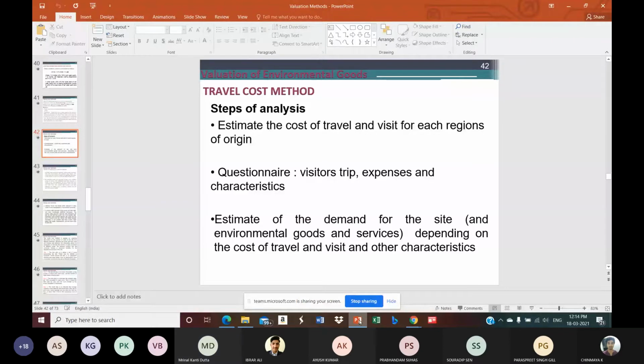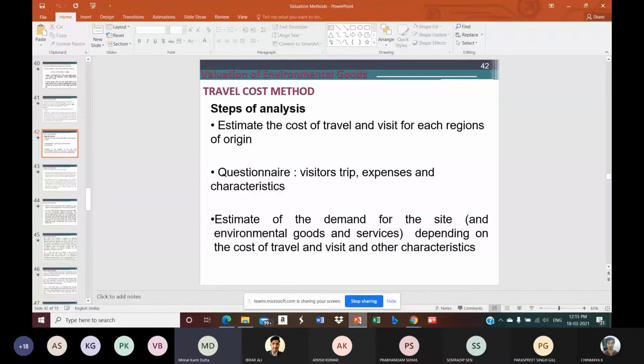So what is the age of the person who has visited, the income level, education level, family background, so many other pieces of information might be collected from the visitors out there, which will ultimately help in identifying what determines the demand for these types of trips for those visitors.